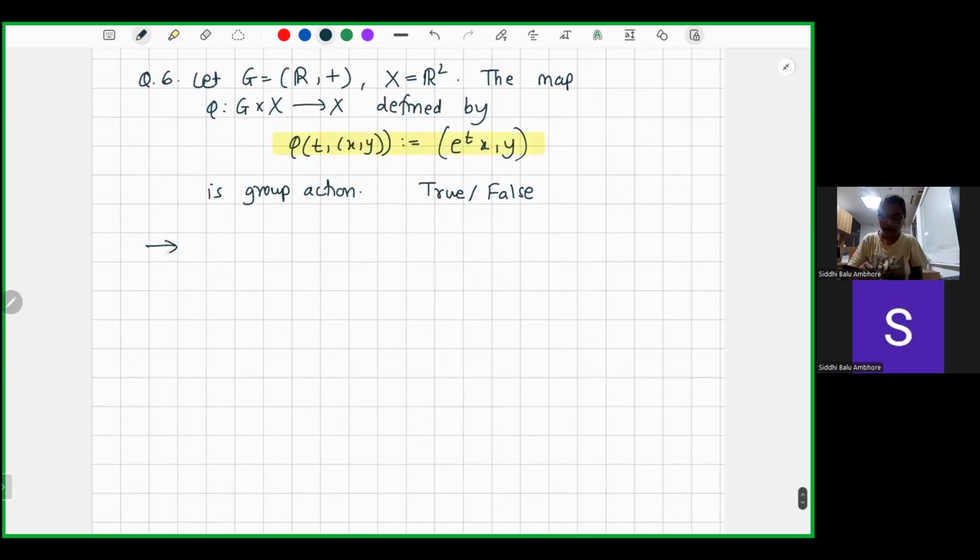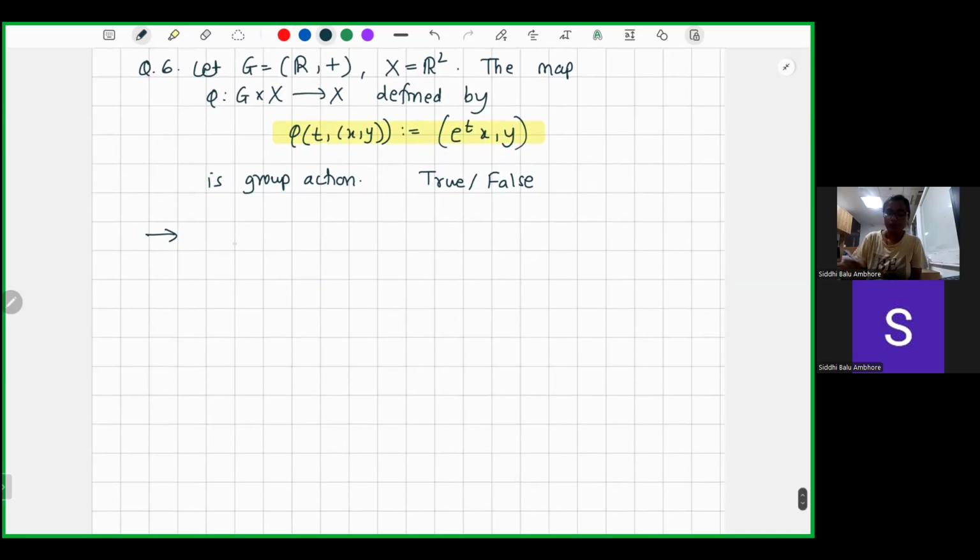Let us start by checking those two conditions. Here my group G is R plus, and in R plus the identity element is the 0 element. Let (x, y) belong to R2, and we check phi of 0 comma (x, y).